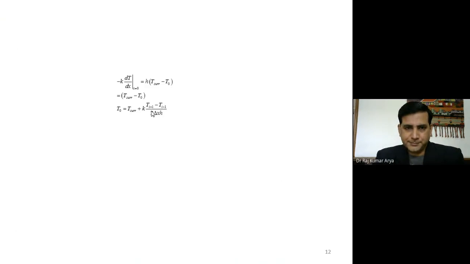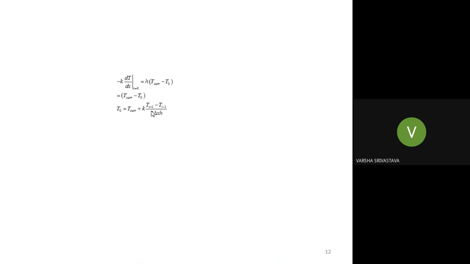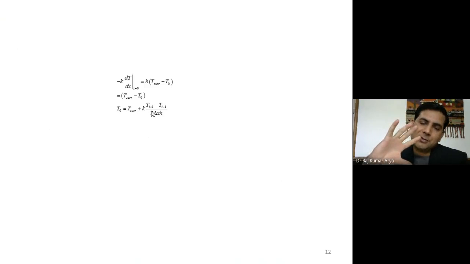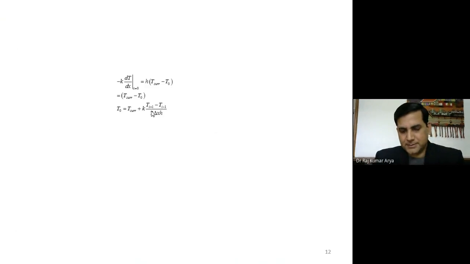Yes or no? So you will put that again in the last equation and arrange it, fine? So the solution changes, so your temperature one would change now with your flux boundary condition. Okay?